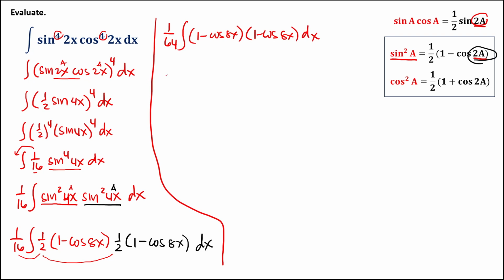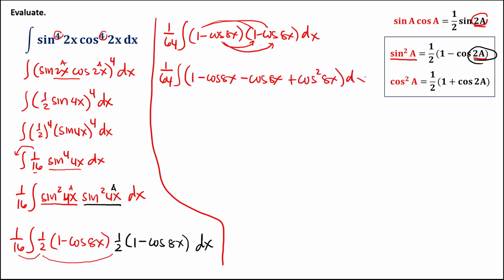Then using the FOIL method, we have 1 over 64, then the integral. Multiplying, this is 1. Then 1 times negative cosine 8x is negative cosine 8x, and this one is also negative cosine 8x. Negative times negative is positive, so this is cosine squared 8x, then the dx.